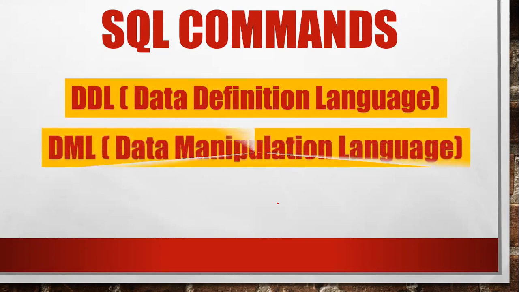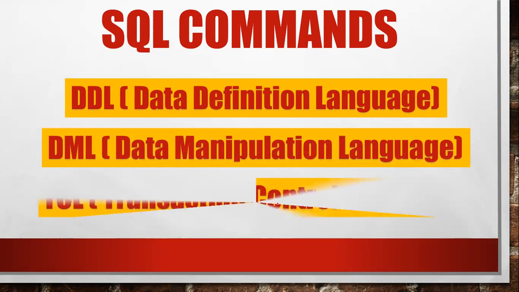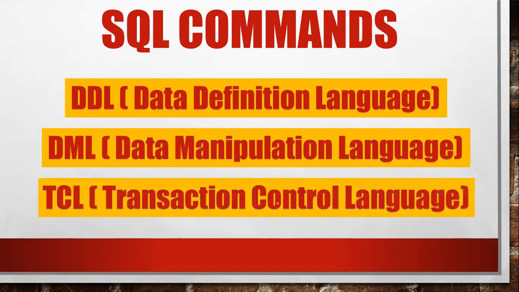The next category is DML, data manipulation language. And the third category is TCL, that is transaction control language. There are also other categories present in the SQL commands, but as per our syllabus, only 3 categories we have to discuss. And these are DDL, DML, and TCL only, right?